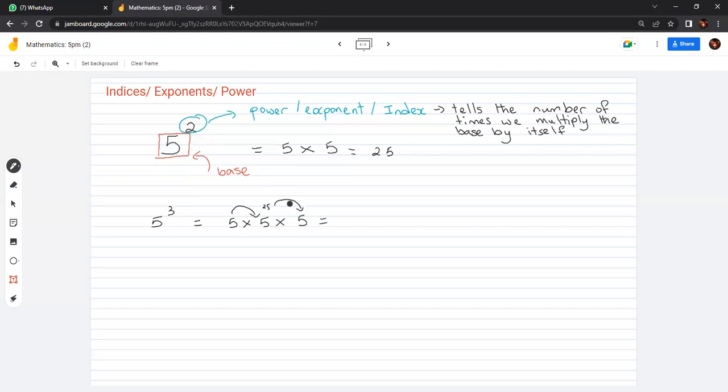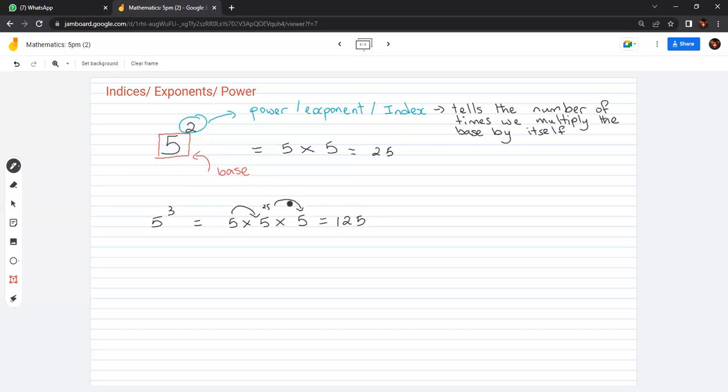That's how it goes. So it's 5 times 5, which is 25, and then times 5 again. 25 times 5 will be 125. So anytime they ask you to calculate or to solve or to find a value, this is what we do.